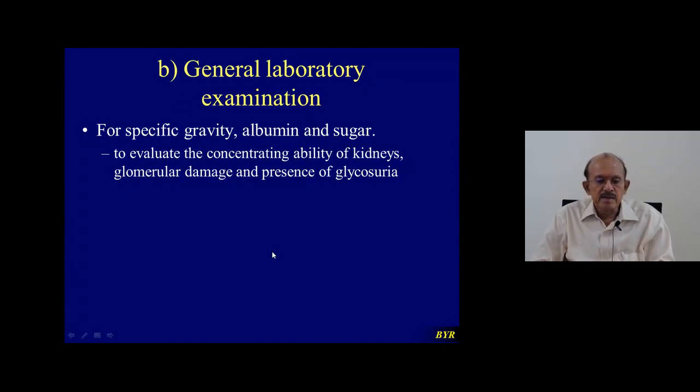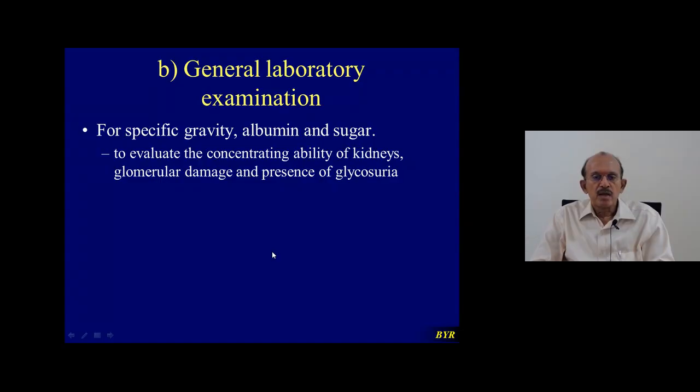It is a big range. When the person has taken a lot of water, the patient will pass dilute urine. If the patient has taken some 2 or 3 liters of water, then he starts passing urine, that urine is collected, and you examine the specific gravity. The specific gravity will be around 1.004.